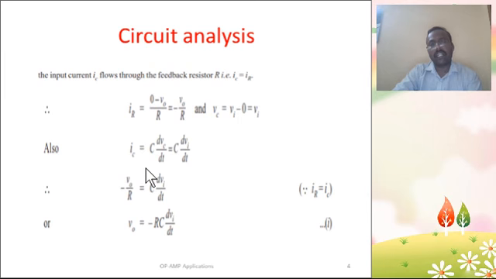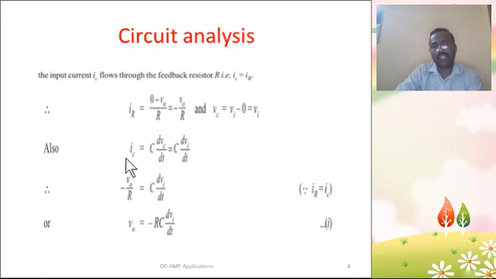Also we can write the capacitor current IC equal to C into dVC divided by dt. Since VC equals VI, it is equal to C into dVi divided by dt.